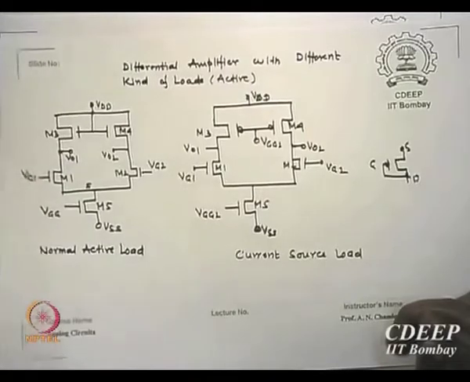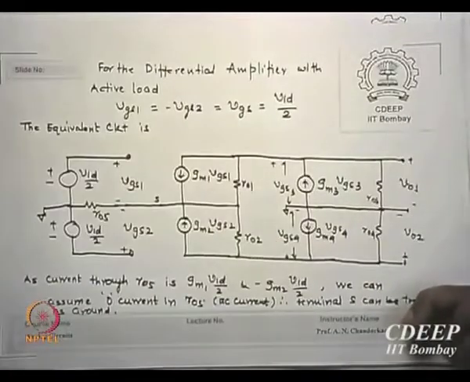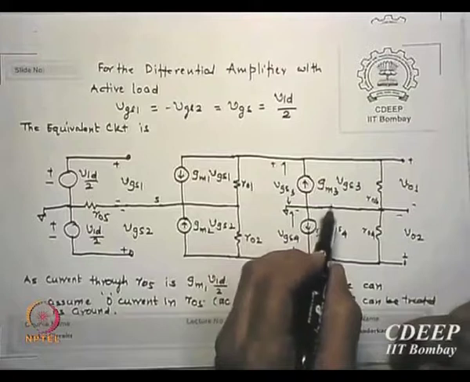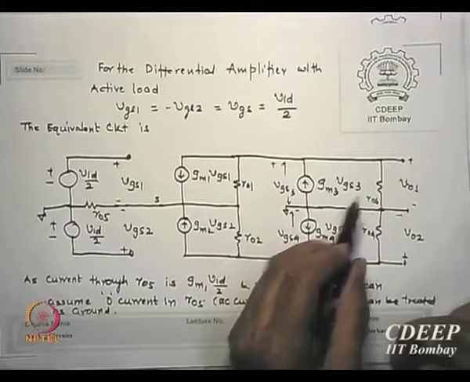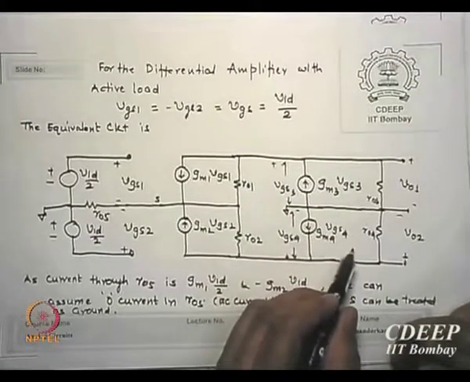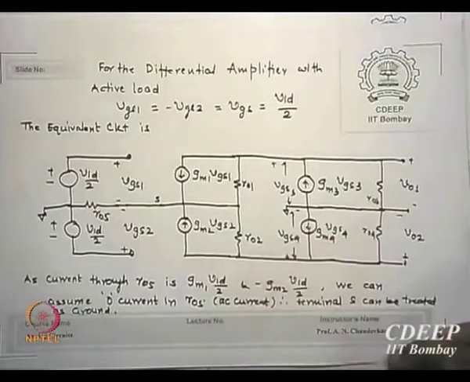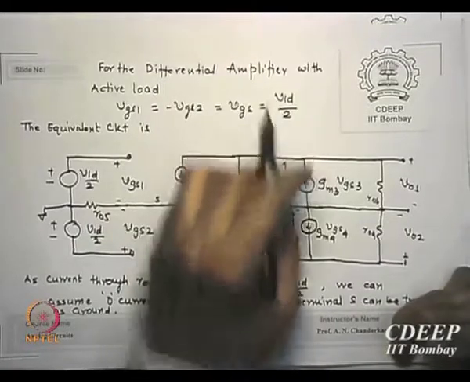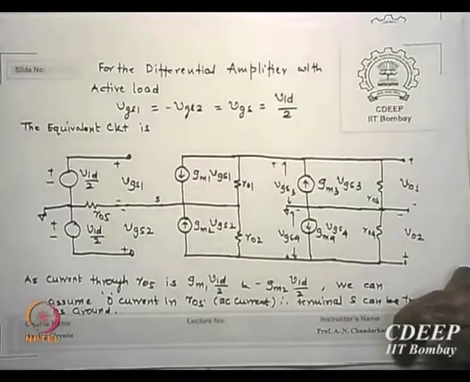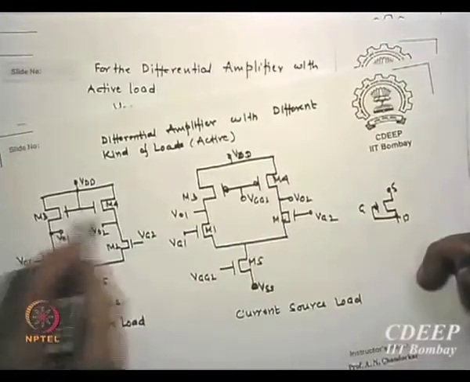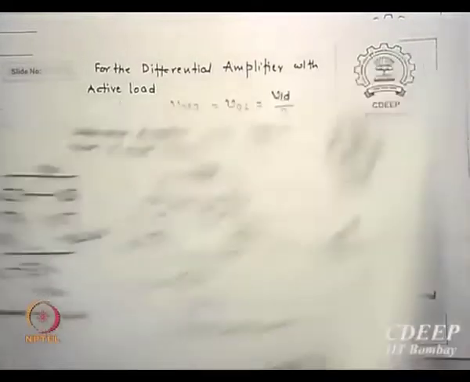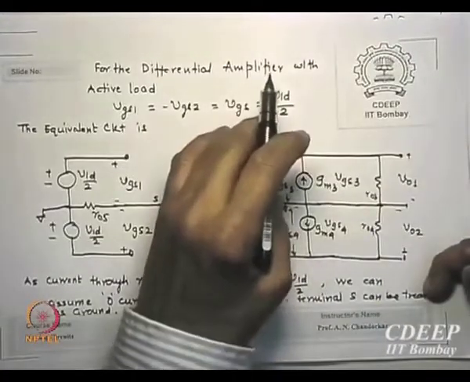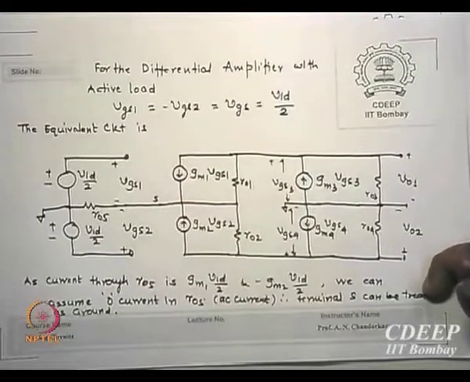Okay. So those signals can be represented as GM3 VGS3, GM4 VGS4 shunted by their resistances RO3 and RO4. But the interesting part is the potential across, since please remember this gate is common to both and going to the ground, the potential here essentially is VGS3 and VO2 is VGS4.